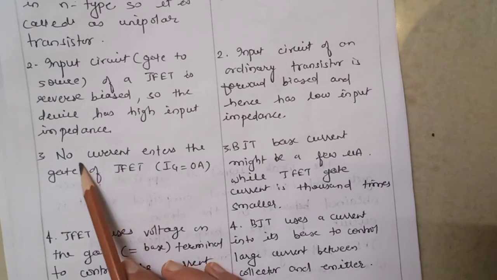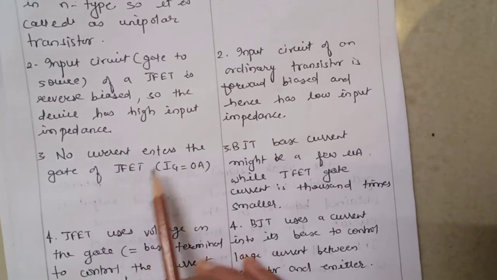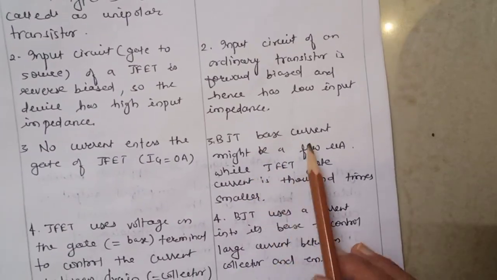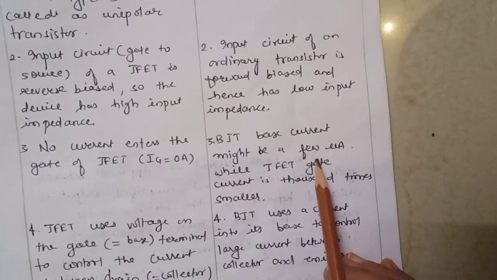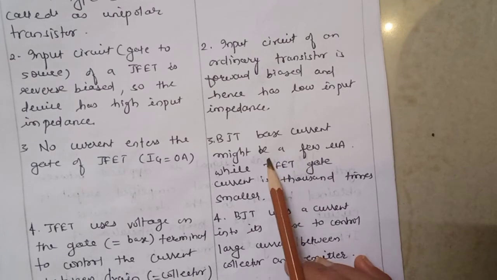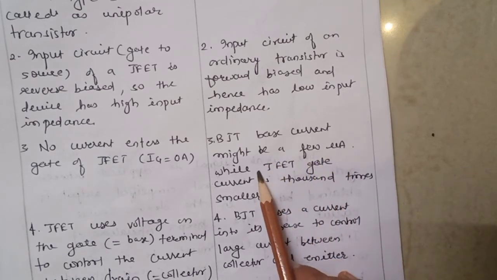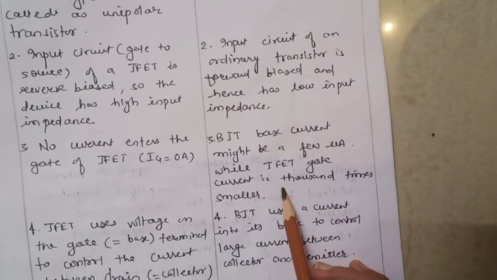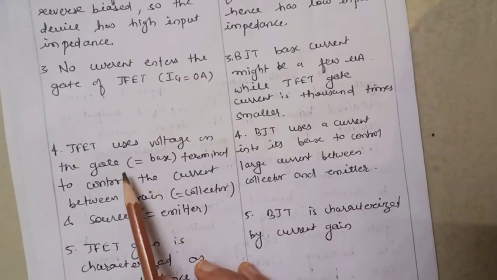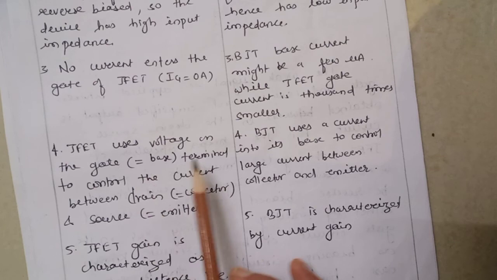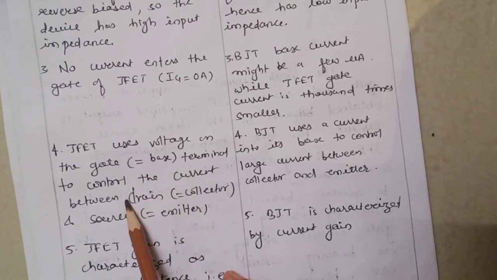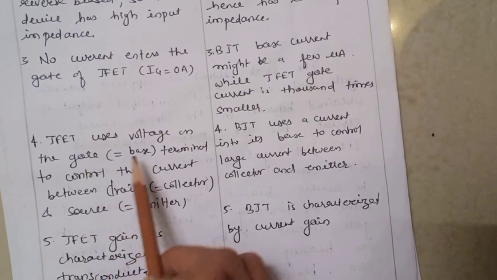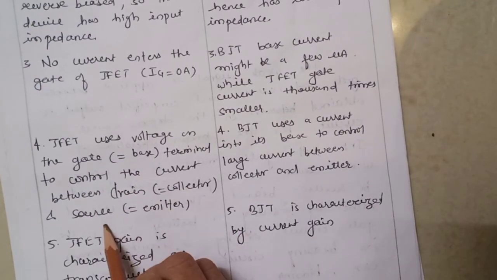The third important difference is that no current enters the gate of JFET, that is the gate current IG is 0. But in BJT, the base current might be a few microamperes. It is a very small value, but of the order of a few microamperes. In JFET, the gate current is 1000 times smaller. JFET uses voltage on the gate to control the current between drain and source. Here I have compared gate with base, drain with collector, source with emitter.